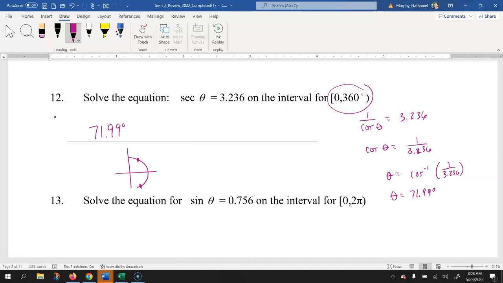We're trying to figure out both solutions, and we've got to go between 0 and 360. So we can't say that it's going to be 71.99 degrees and negative 71.99 degrees, because that's not within our interval. If I know that this is 71.99 degrees, then if I take 360 minus 71.99, we end up getting 288.01 degrees.